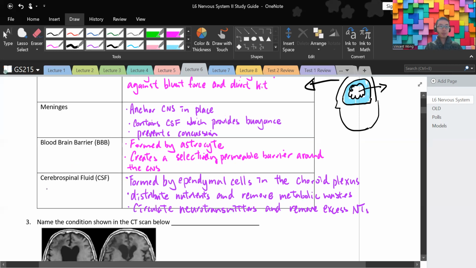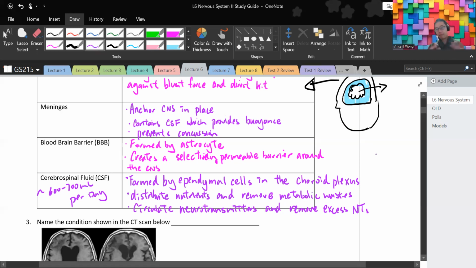Okay. So you make quite a lot of CSF, about 600 to 700 milliliters per day. Okay. It's created from your blood, the cerebrospinal fluid. Remember lymph that we learned about in end of lecture 2?